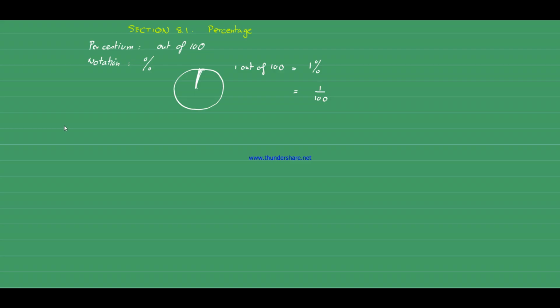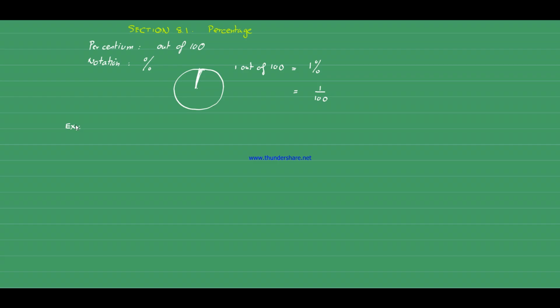Okay, so let's start with the first example. In this section 8.1, we also talk about the percentage of increase and decrease. When you do the examples, you will see, and we calculate the tax percentage, and it's also in the examples. In the first example, we're going to cover some very basic things.